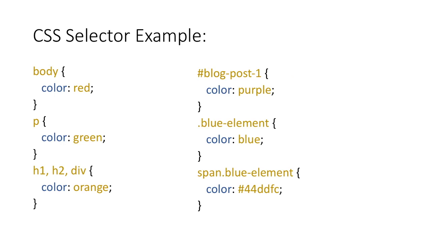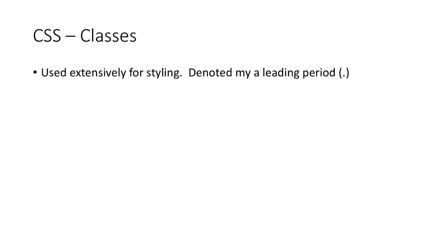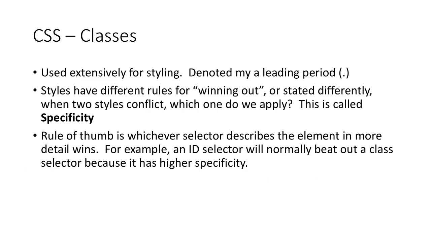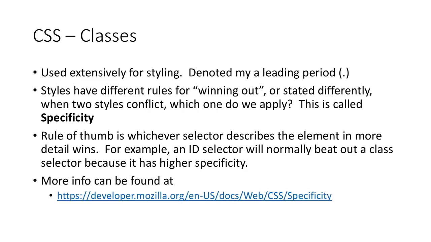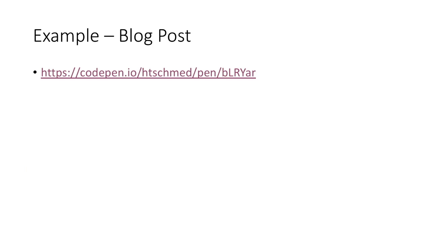Only one ID element should be applied on the page, so it usually wins out in terms of specificity. There's more detail you can read about on the Mozilla Developer Network. There's the link for the article there. It's pretty detailed, but something to check out if you're interested.